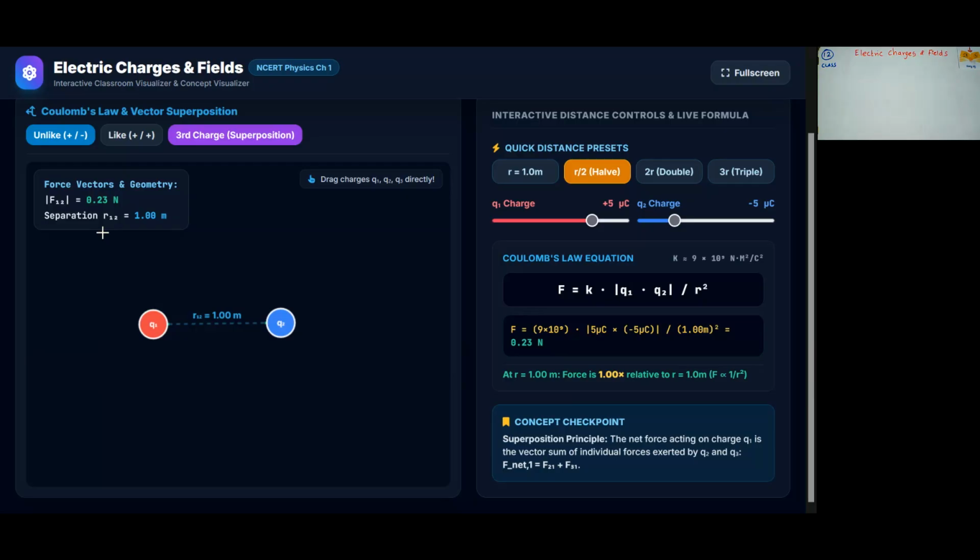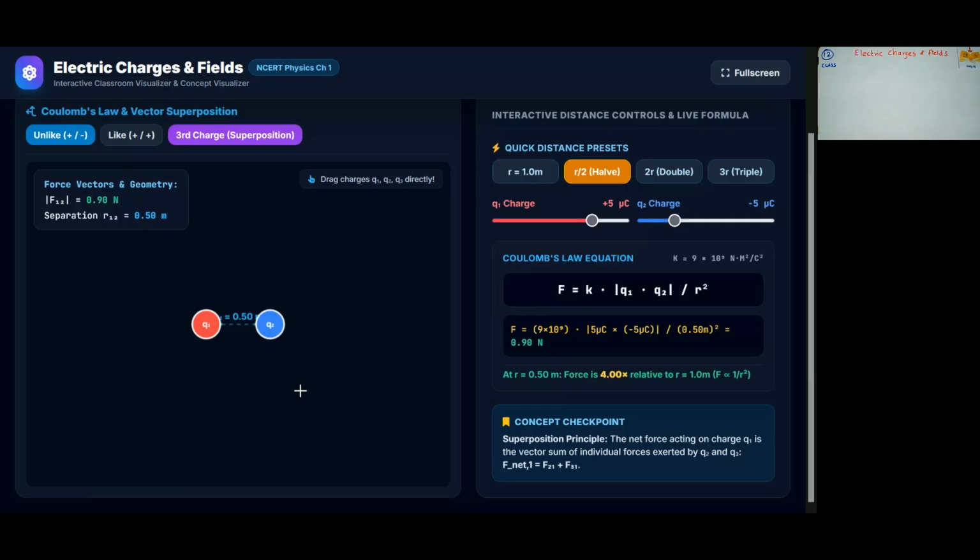Now pay close attention. I will click the R by 2, half. Press the preset button to reduce the separation to R equal to 0.50 meter. I reduce the distance between the two charges to half.